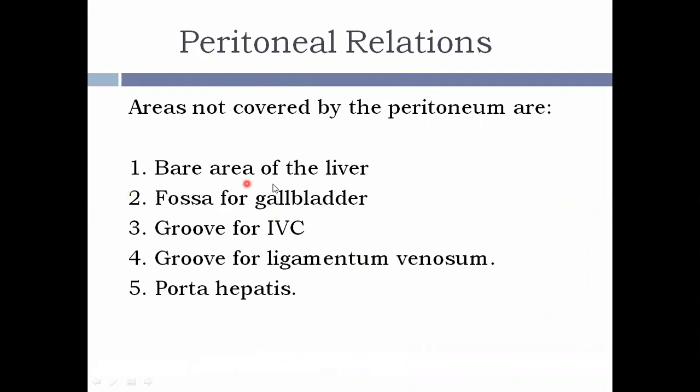The bare area of the liver, as we saw, is present over the diaphragmatic surface. Then the fossa for gallbladder, present in the visceral surface. Then we have the groove for IVC, groove for ligamentum venosum, and the porta hepatis. All these 5 areas are not covered by the peritoneum.